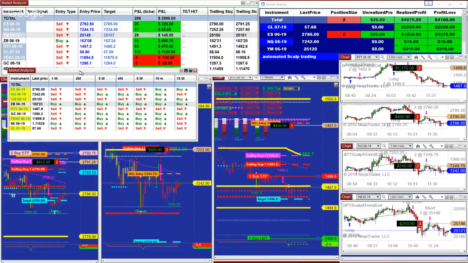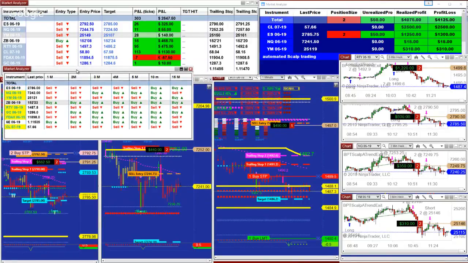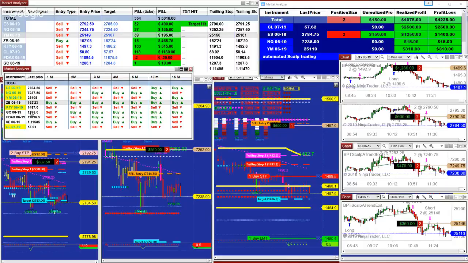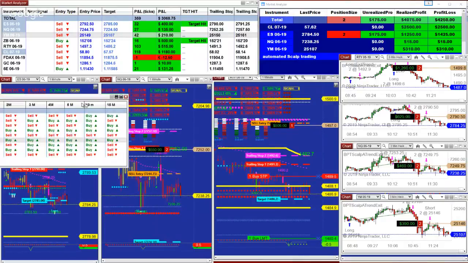And look at this, guys. We have a new signal on the gold a few seconds ago. It's struggling because if we look at a little bit higher time frame, it is a weak sell. So this is nothing.